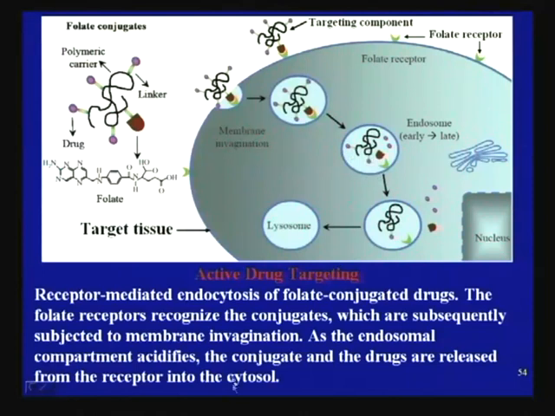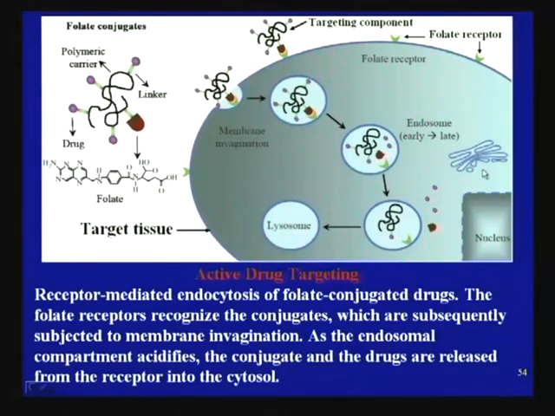In the endosomal compartment, the conjugate acidifies. In that acidic environment, the drugs get released. The detector also releases, and ultimately what happens? We get this drug release at the affected site.